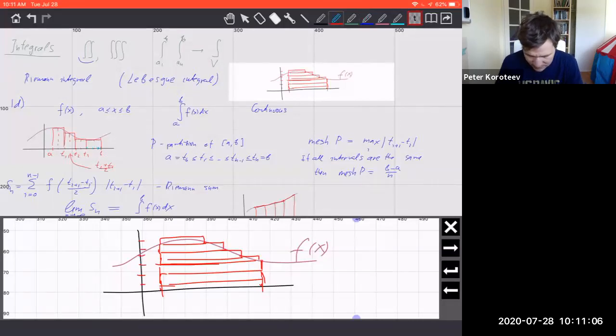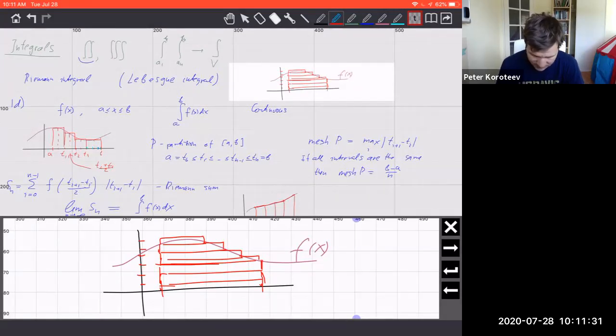This method has certain advantages compared to the Riemann integral. In general there are more functions that are integrable in the Lebesgue sense but not integrable in the Riemann sense. But it can also be the other way around, right? So there are functions that are integrable by Riemann, but not integrable by Lebesgue.